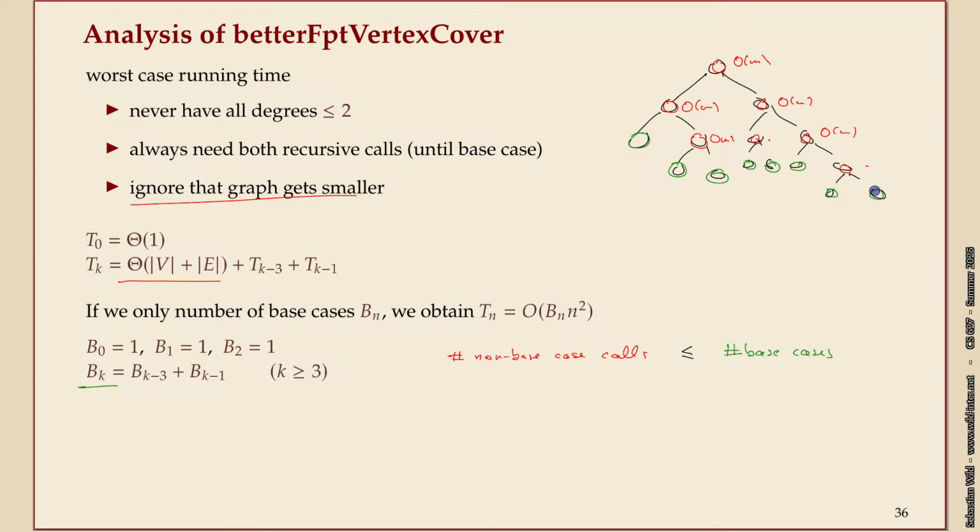So tk is effectively this theta n plus m times the number of non-base cases. But that's essentially the same as taking the green ones.